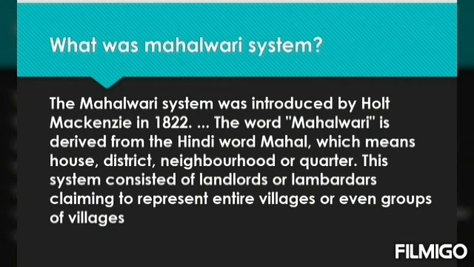The word Mahalwari is derived from the Hindi word Mahal, which means house, a district, neighborhood or quarter. The system consisted of landlords claiming to represent entire villages or even groups of villages. So Mahalwari system was a new system introduced by Holt Mackenzie.